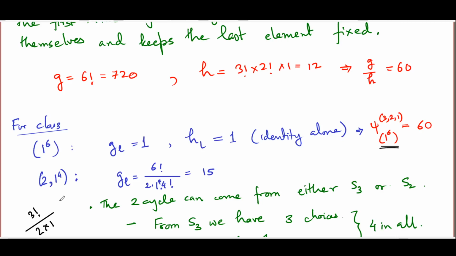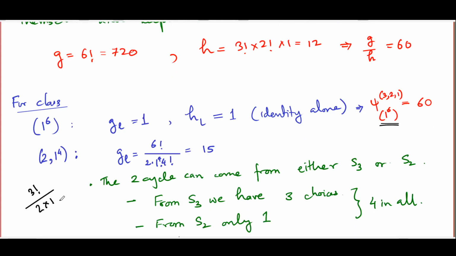All the 3 choices are basically because S3 allows you to have 3 different permutations with one 2-cycle and one 1-cycle. But that's not all. You can also of course take the 2-cycle out of S2. Now if you take the 2-cycle out of S2, that can be done in only one way. S2 after all has just 2 elements. One of them has two 1-cycles, the identity.